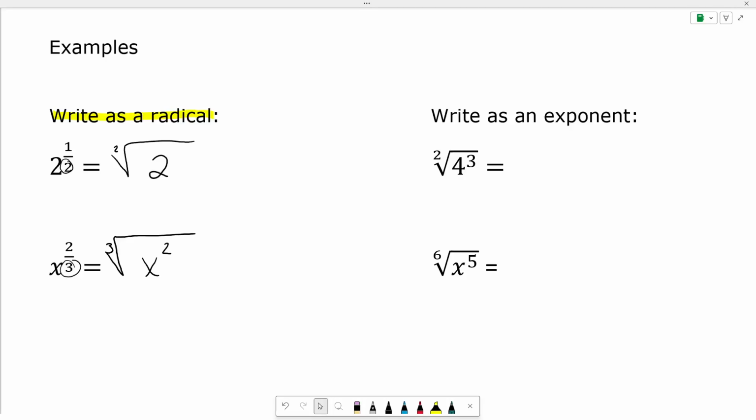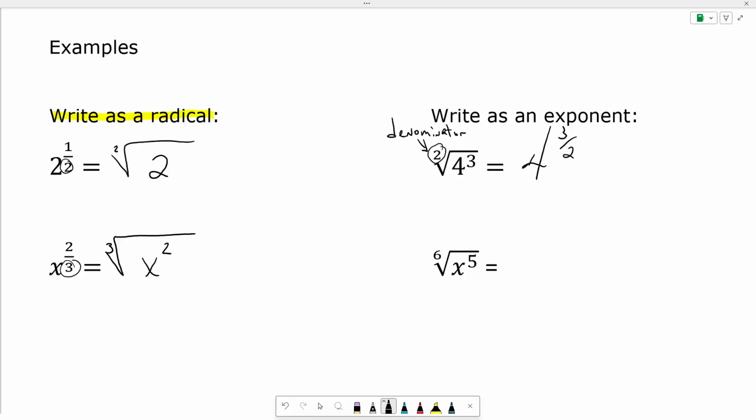Here we have the square root of 4 to the third power. So this one becomes 4 to the 3 over 2 power. That's my denominator, it goes on the bottom. And then the other one becomes the numerator.